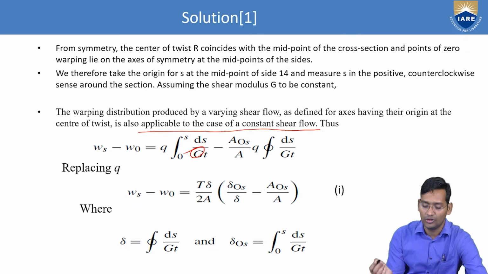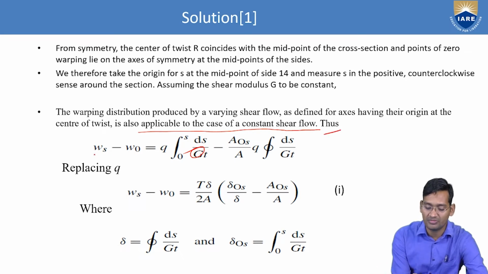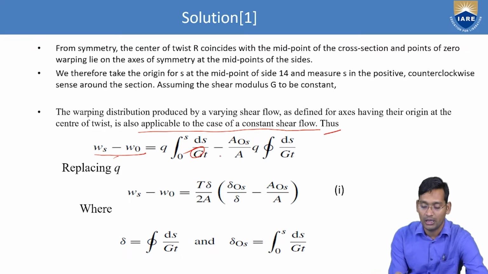So after that, ws minus w0 equals q times the integral from 0 to s of ds by Gt, minus 2A0s by A times q times the closed integral of ds by Gt. Okay, replacing q. What was the q?